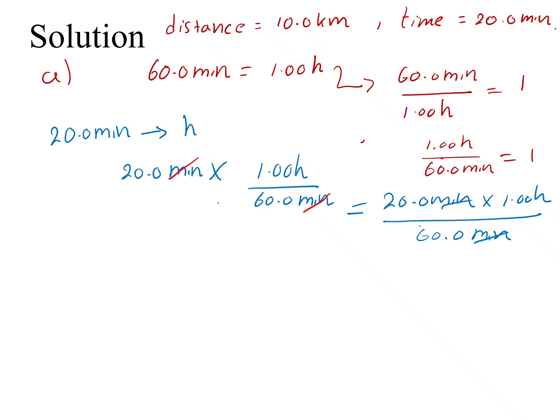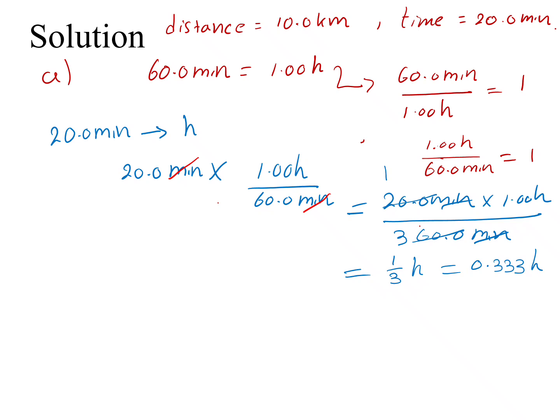So the minutes already cancelled out, and this is 20 times 1, this is 20 times 3. So we get 1/3 of an hour, which is equal to 0.333 hours. Now we found our time in hours and we know our distance in kilometers.